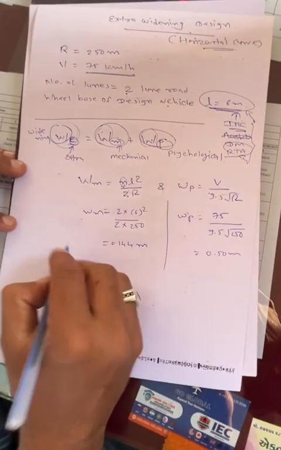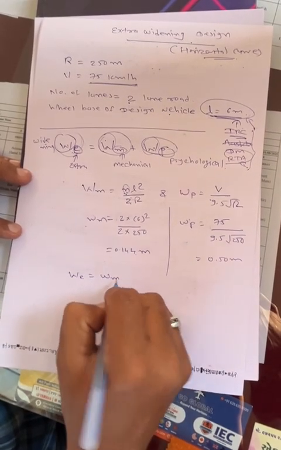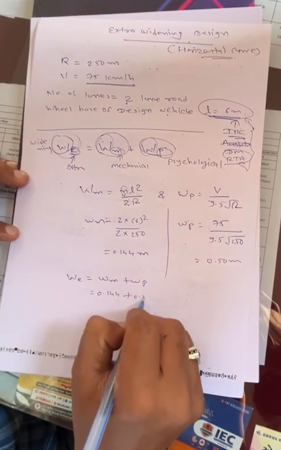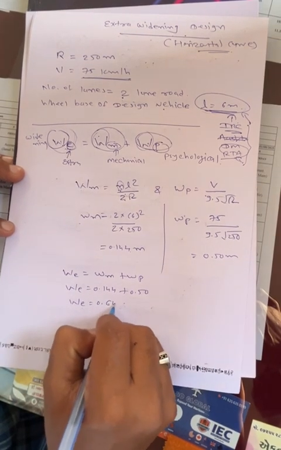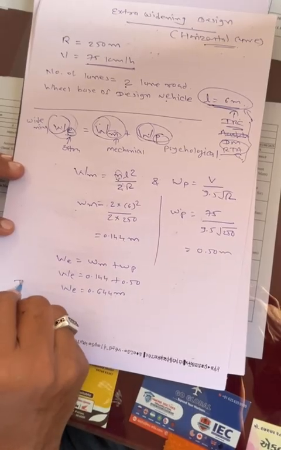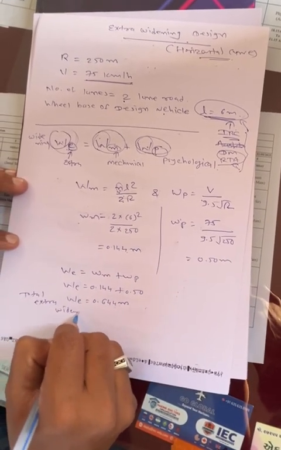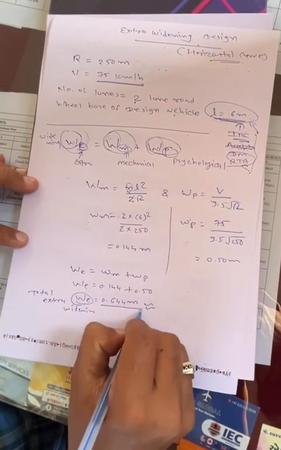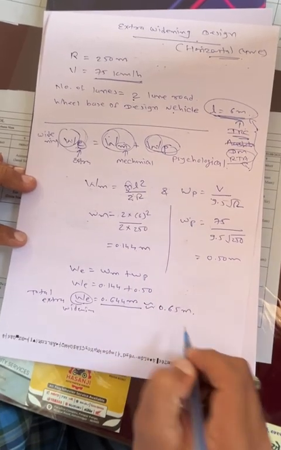So now we put these values in our main equation. WE is equal to WM plus WP, 0.144 plus 0.50, so we get our WE 0.644 meter. So we can consider our total extra widening WE as 0.644, approximately 0.65 meter.